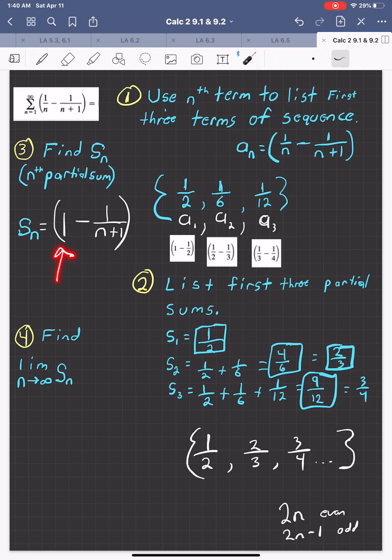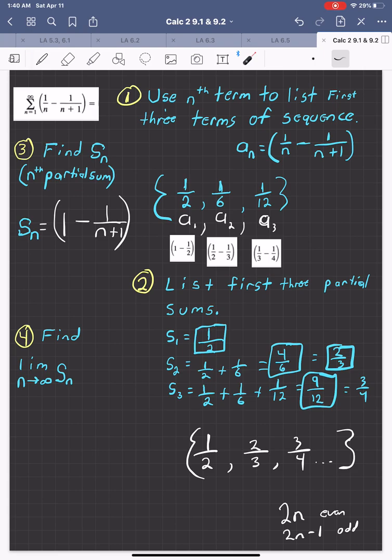Well, if somebody asked you to add up the first, so we only have the first 3 terms of the sequence, but let's say you went all the way out to 10. Well, you could do a bunch of addition to get to that 10th partial sum, S sub 10. Or you could just plug 10 into your S sub n.